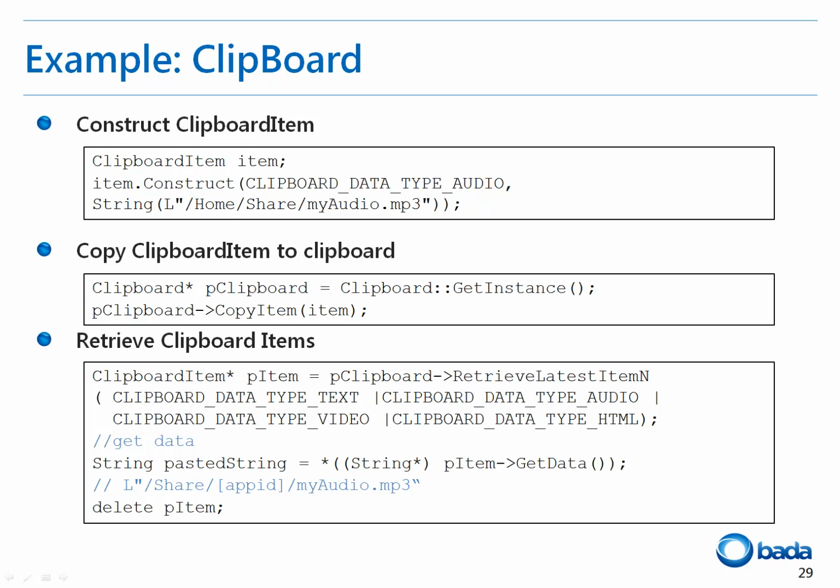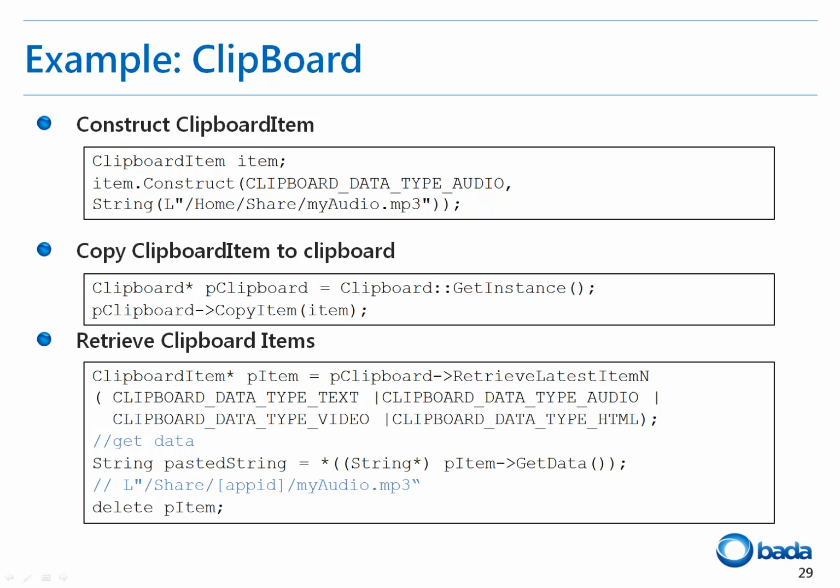Next, we need to retrieve the data where we need to paste it. For that, we use the retrieve latest item n method, which retrieves the collection of items that matches the specified data types from the system clipboard. In this example, we've specified text, audio, video, and HTML.